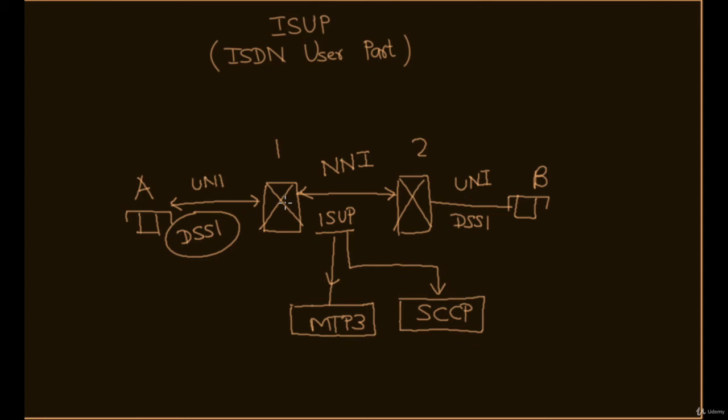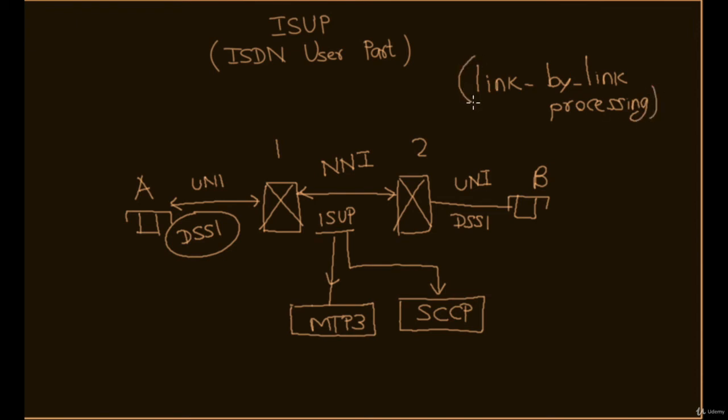That means the ISUP message is received, and that ISUP message is decoded, and a new ISUP message is created for the next hop. So this kind of processing is called link by link processing. This is required in typical call setup.